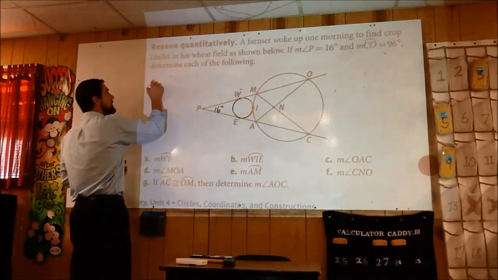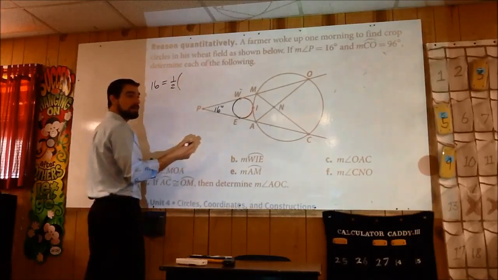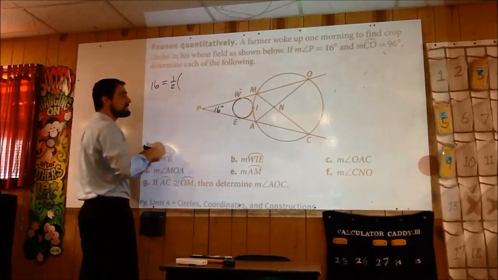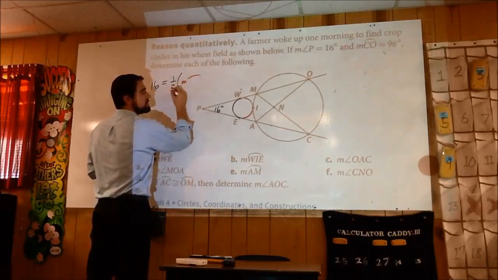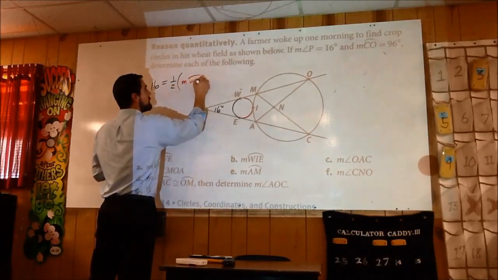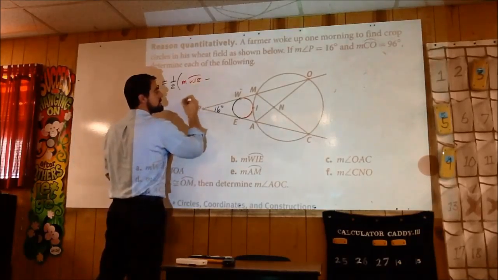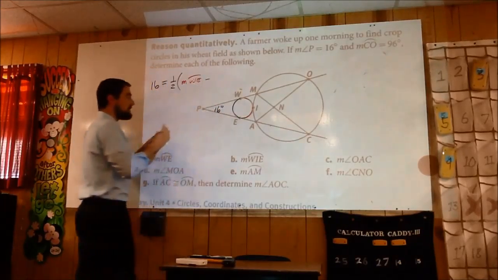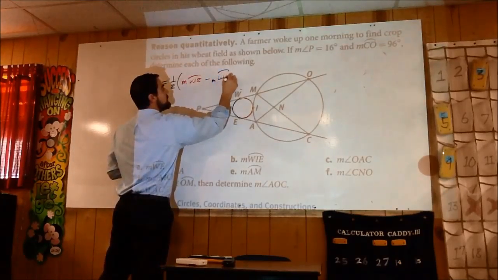So I know that 16 is equal to 1/2 the difference, and we'll use the notation, the measure of arc WIE minus the measure of minor arc WE.